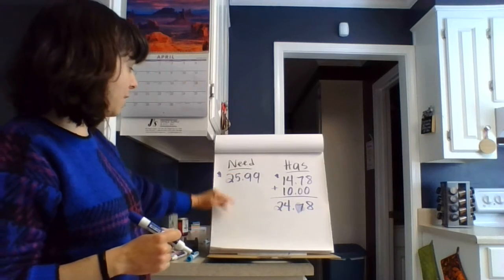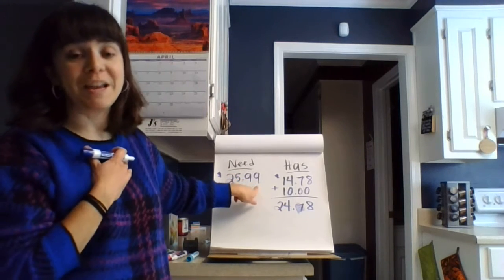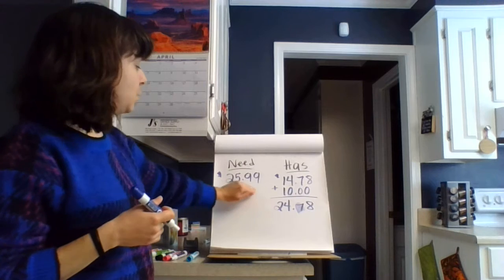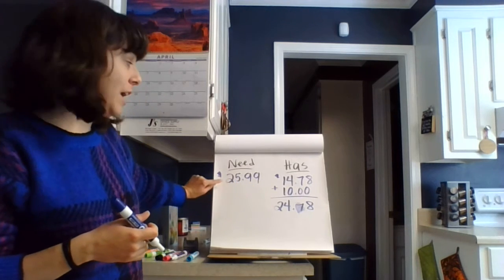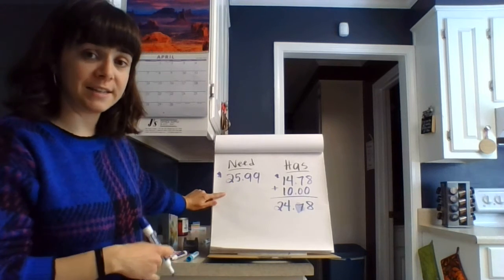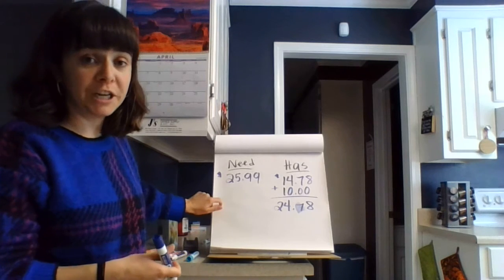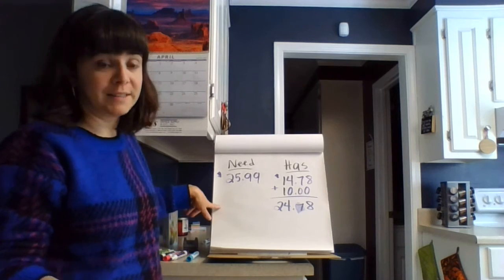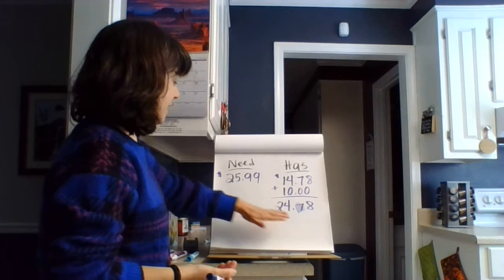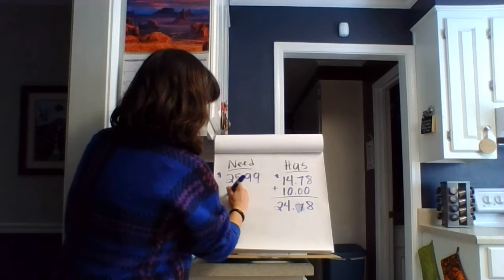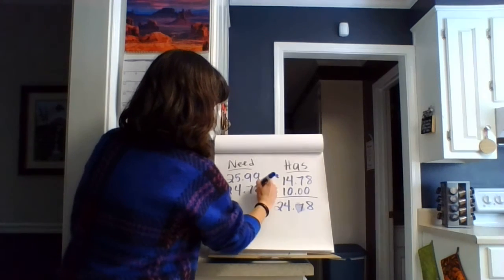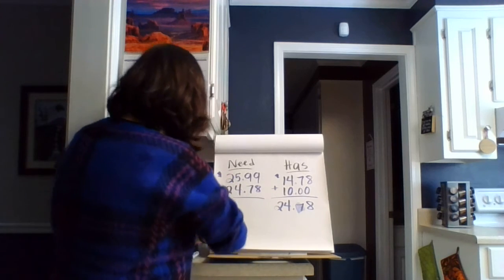Now you could have worked backwards. You could have said this is what he needs, and you could have subtracted what he has and then subtracted what Gina gave him, and it's going to be the same thing. But this is what he needs, this is what he has, so I'm just going to find the difference. I'm going to subtract those 2.